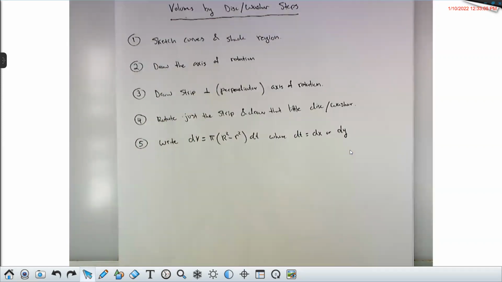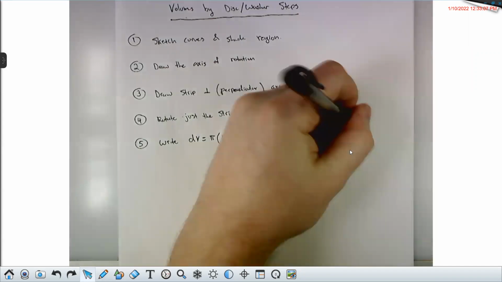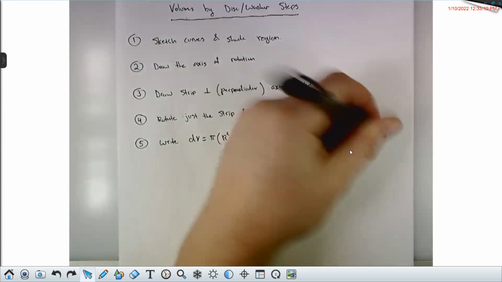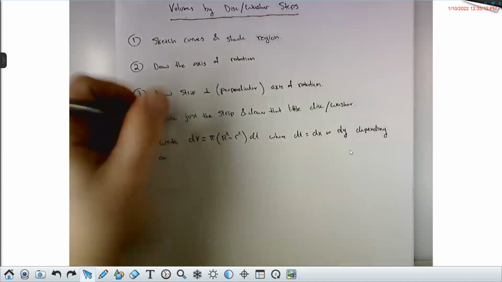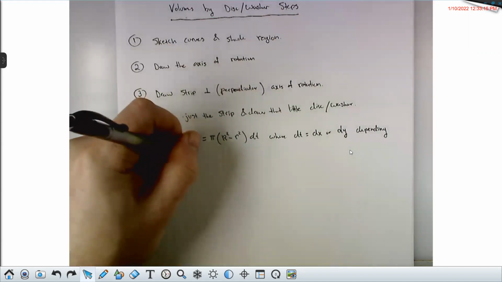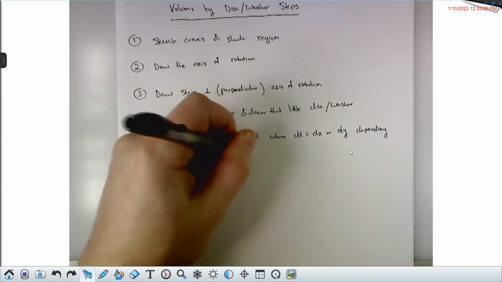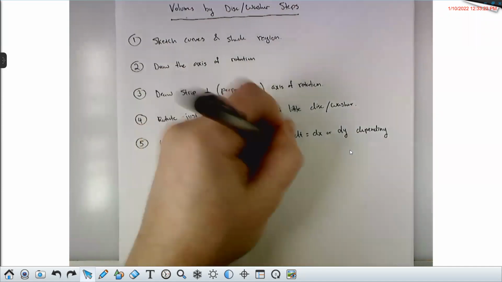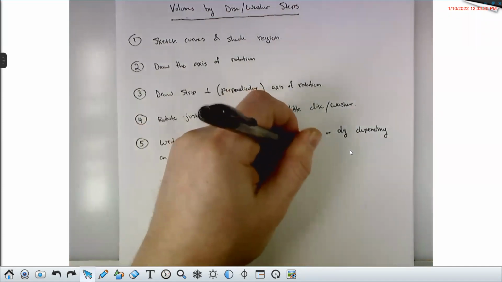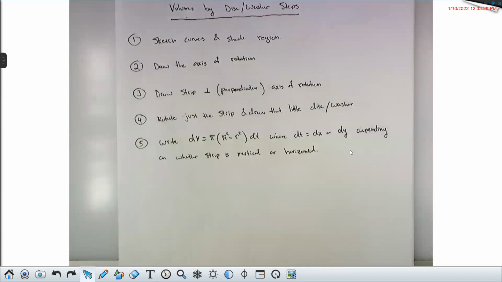I'll show you a dy problem in a second, depending on whether the strip is vertical or horizontal. If your strip is vertical, if your strip goes up and down, then its little thickness is going to be a horizontal thickness, and that means your thickness is a dx. If your strip is horizontal, that means its little thickness is a vertical thickness, and hence your differential thickness is a dy.